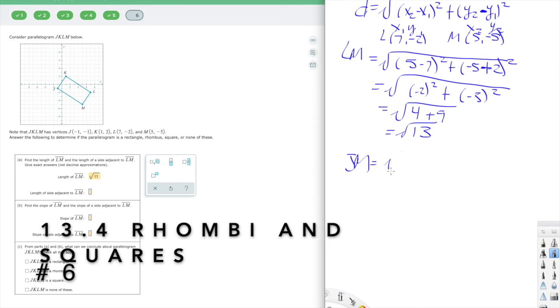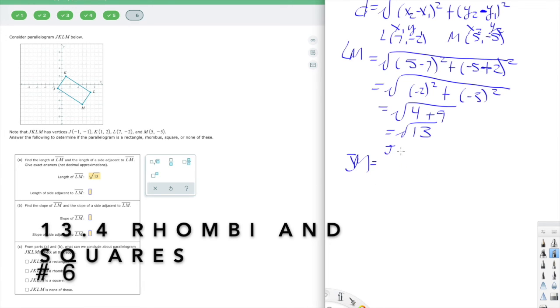So let's see, I just picked JM for this one. It wouldn't matter which one you did, JM or the top one, which is KL. J is negative 1, and then M is 5, negative 5. I wrote that in the wrong spot and scribbled it out, but that was supposed to be there.